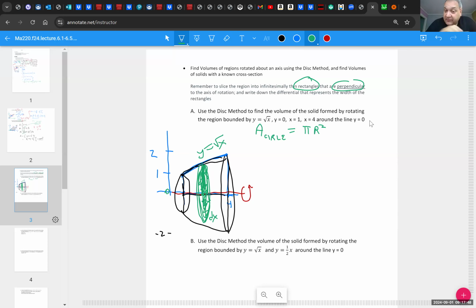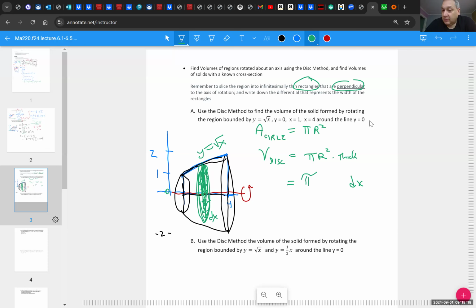And then we're going to find the volume of this disk. That's just going to be the area of the circle, pi r squared, times how thick it is, times the width, basically. We know what that thickness is. That thickness is dx because we sliced it in the vertical direction, making a very small thickness in the x direction. Pi is a number. We don't have to worry about that.